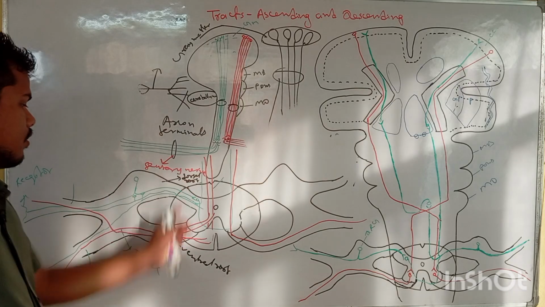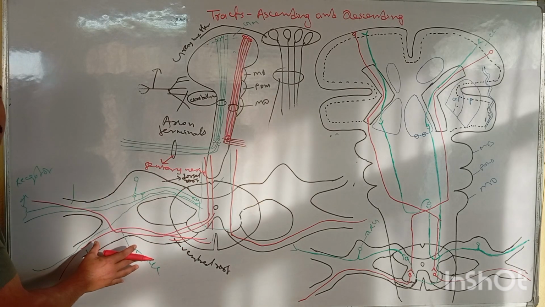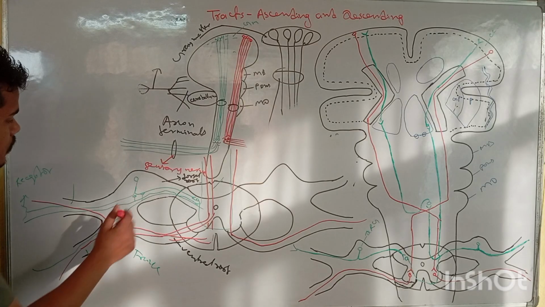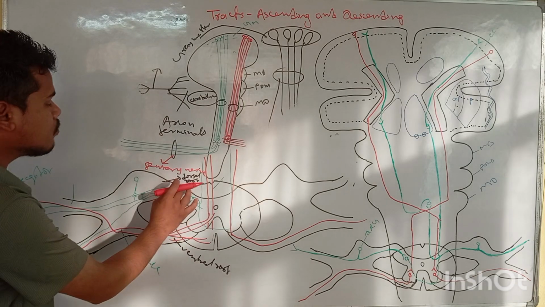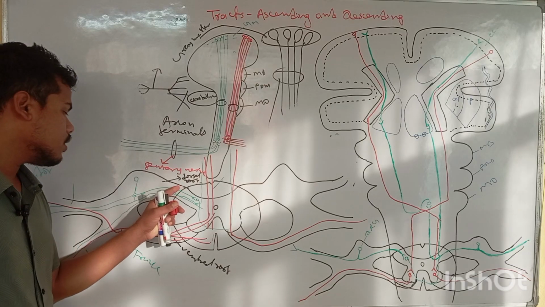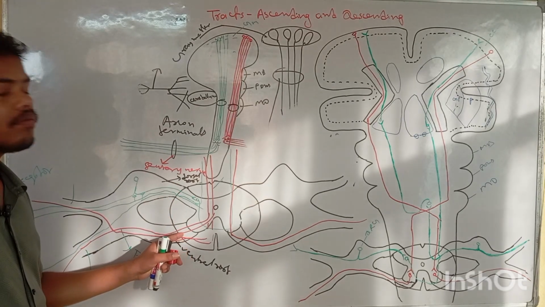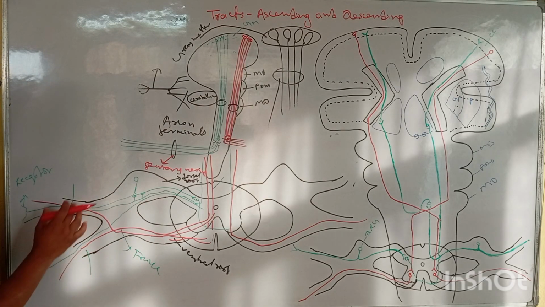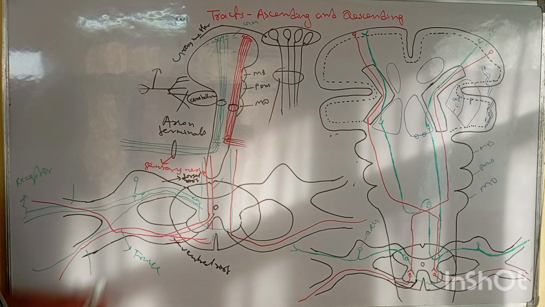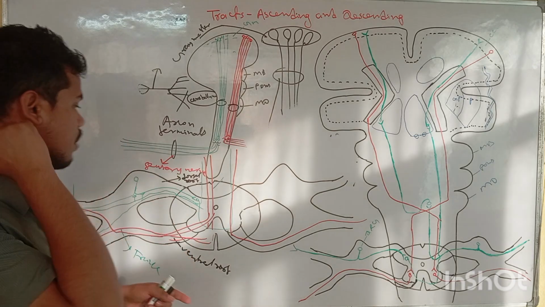So as I have shown here, the roots are pure: the dorsal root is for sensory nerves and the ventral root is for motor nerves, but the trunks are mixed, and in the same way the rami are also mixed. So this is about the root, ramus and trunk, and how the fibers come.